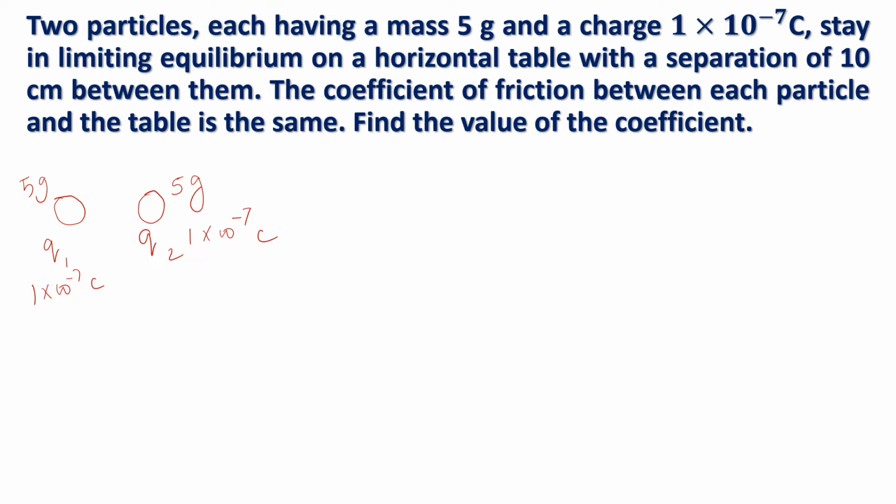Now consider that both particles stay in limiting equilibrium on a horizontal table with a separation of 10 centimeter between them. That means the distance from this particle to this particle is 10 centimeter. These particles are on the horizontal table, making a limiting equilibrium. Now we have to think about the coefficient of friction between the table and the charge.